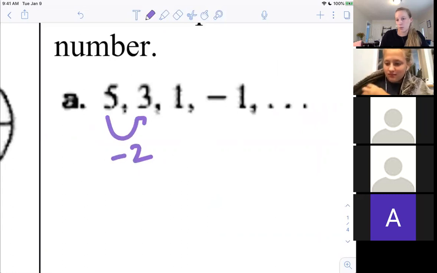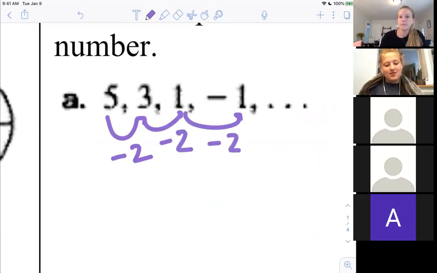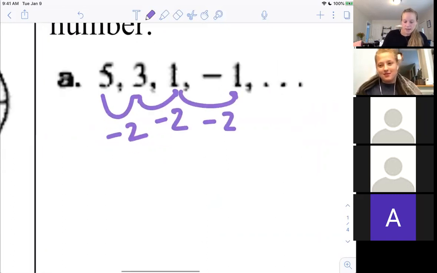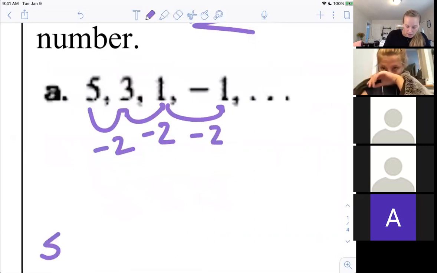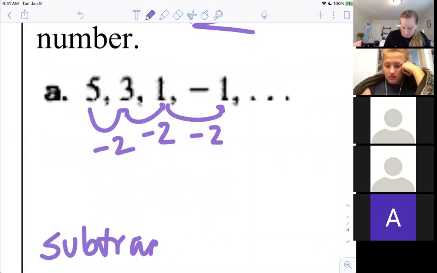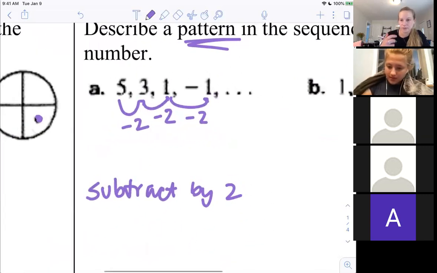I do have to make sure that works for all of the numbers though. So I'm going to do, okay, does 3 minus 2 equal 1? Yes. Does 1 minus 2 equal -1? Also yes. So I'm going to describe my pattern as subtract 2 or add -2, whatever you want to say.